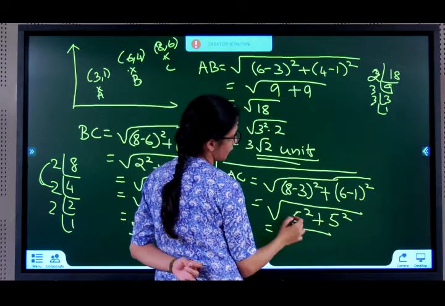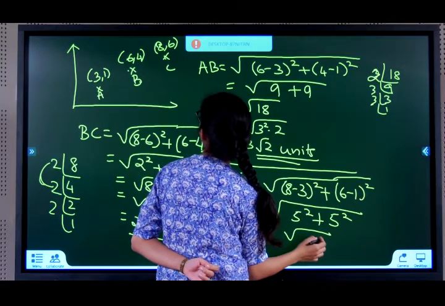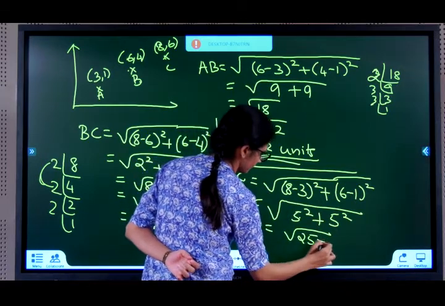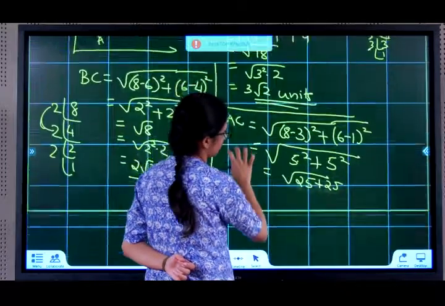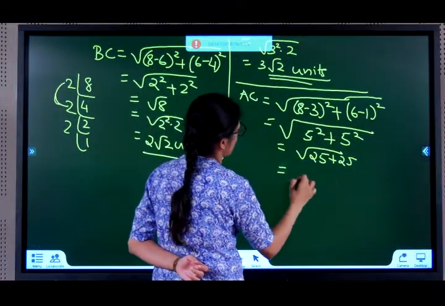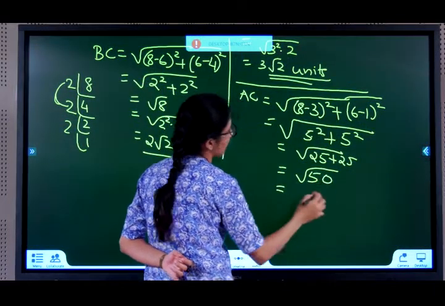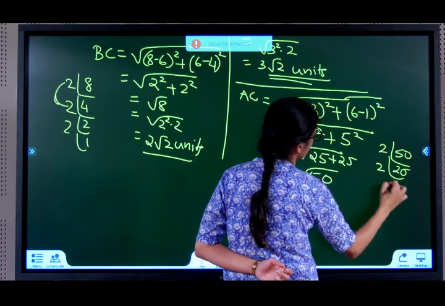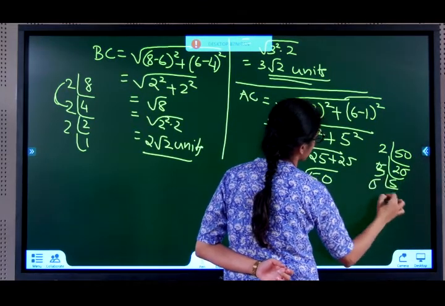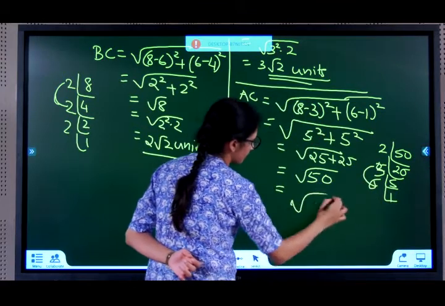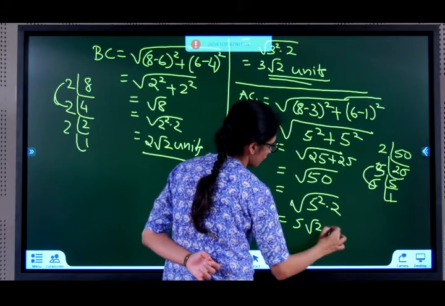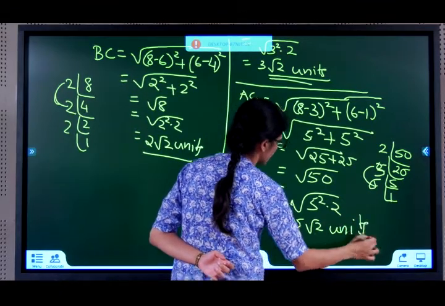Root of 25 plus 25, root 50. 2 25s are 50, 5 becomes a pair, so 5 square into 2. 5 square comes out, 5 root 2 units.